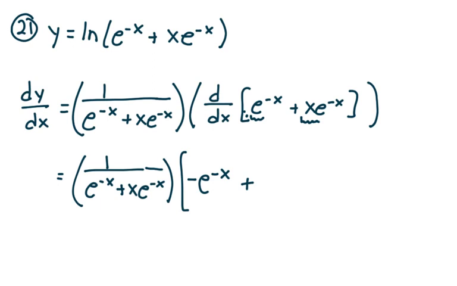And so I'm going to write down the x, that's the first function. I'm going to multiply by the derivative of the second function, e to the negative x, with respect to x. But we've already done that, and you get negative e to the negative x. And then I'm going to add the second function, which is e to the negative x, times the derivative of the first function, which is 1.